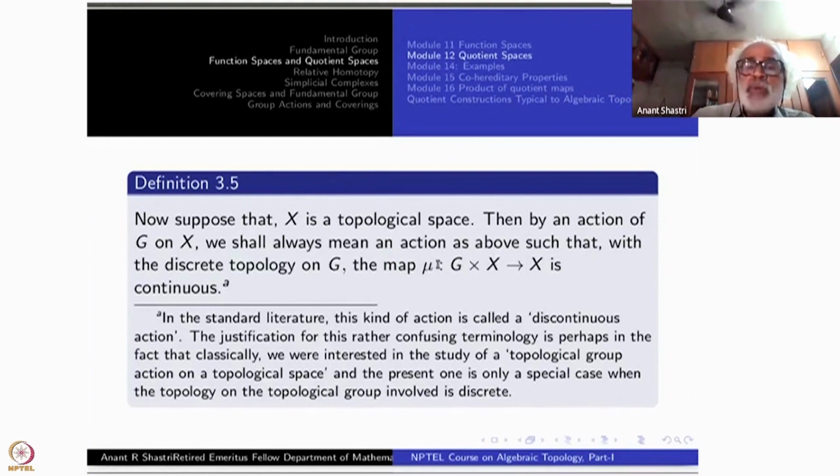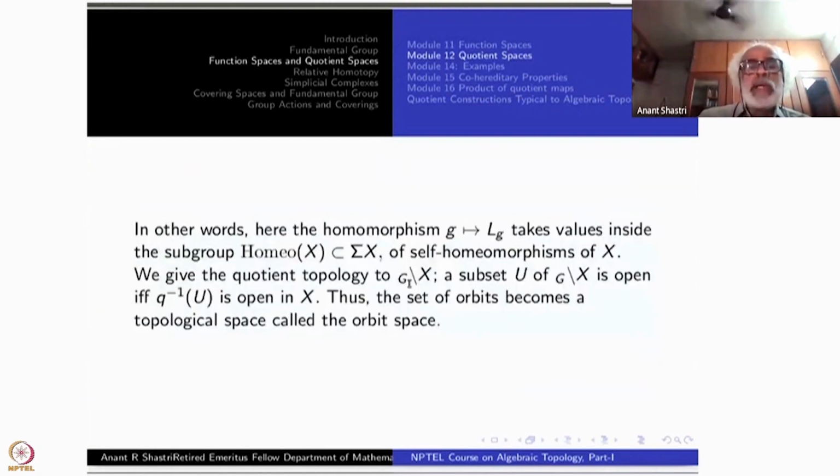Under that, mu must be a map from G cross X to X, along with the two hypotheses of associativity and identity that we have learned. That is called a topological group action. In other words, as I have told you already, the homomorphism from G takes values inside the homeomorphisms of X. This is a subgroup of all permutations, the self-homeomorphisms.